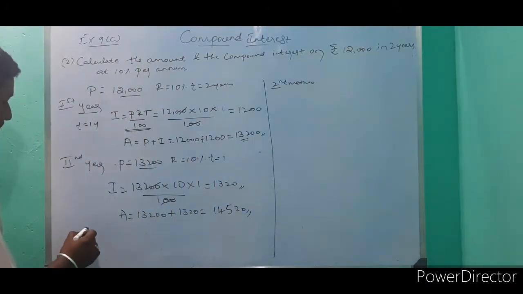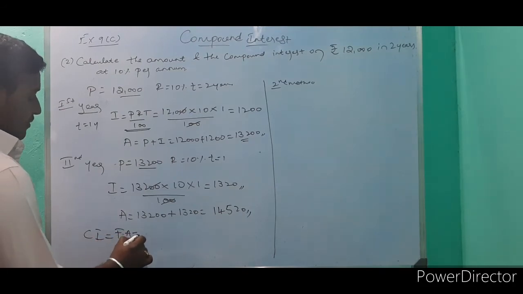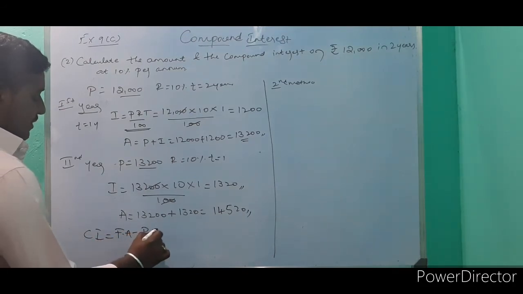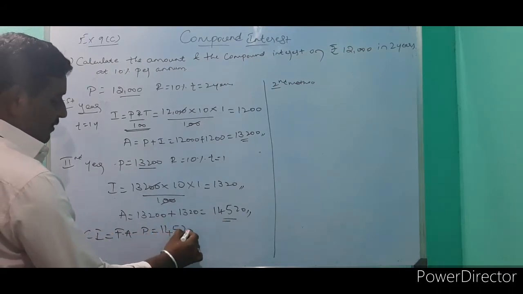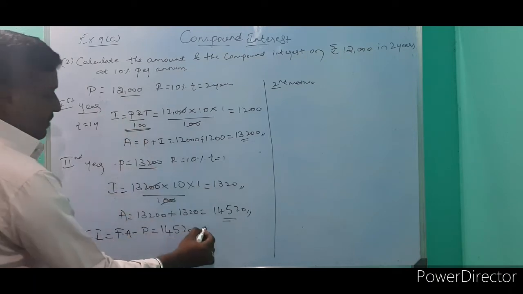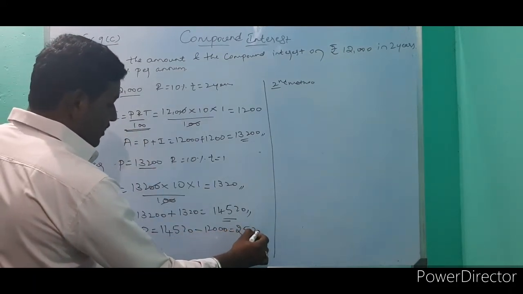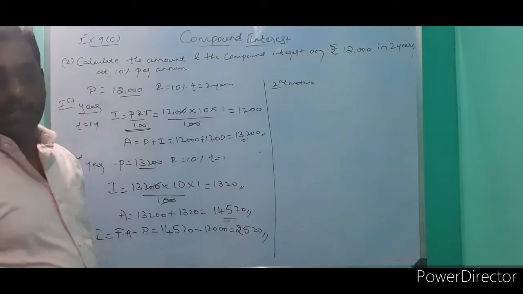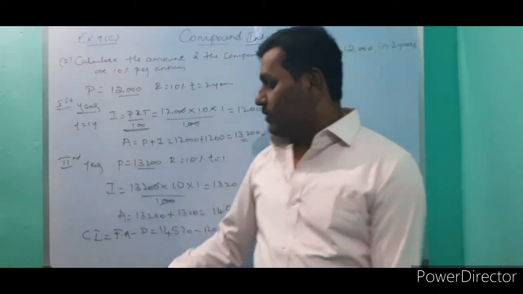So to find the compound interest, it is final amount minus principal amount. The final amount is how much here? 14,520. The principal amount is 12,000. So 2,520 is the answer for the compound interest. That is the compound interest at the end of the 2 years.